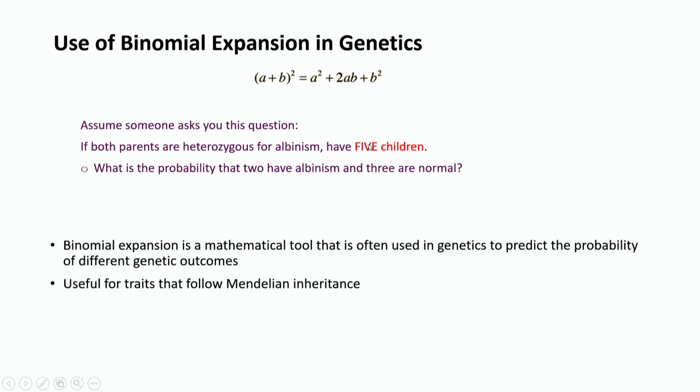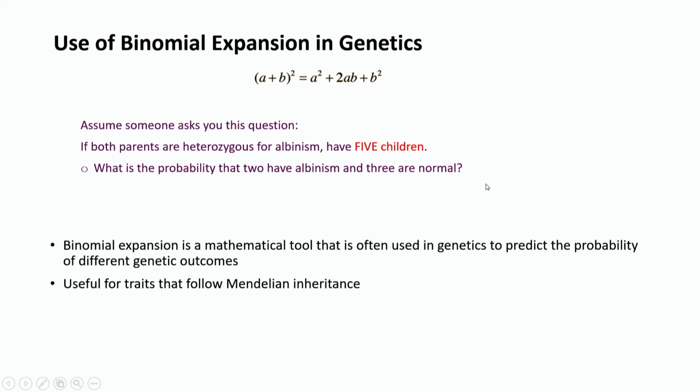What I'm doing is increasing the number of children, right? So again, there are parents that are heterozygous for albinism and they have 5 children. Remember, in the previous example we had 3, but now they have 5. And the question is asking: what is the probability that 2 children have albinism and 3 are normal?